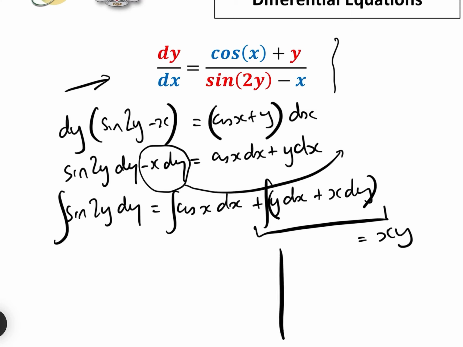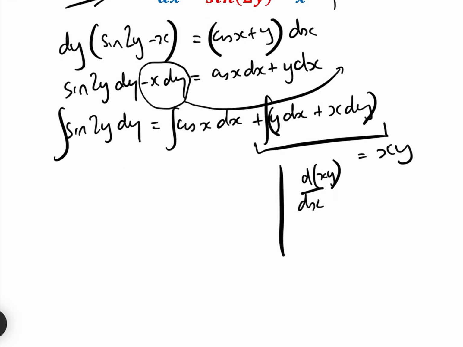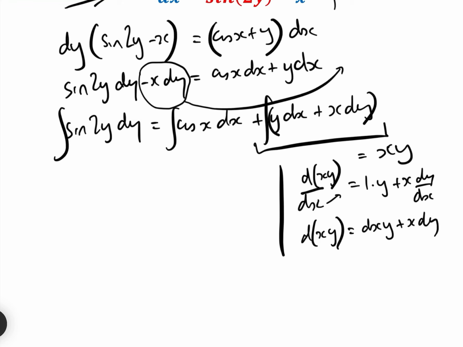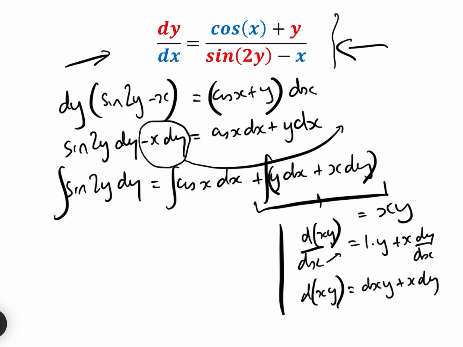And just to sort of prove that, if we differentiate xy with respect to x, and forgive the somewhat informal nature of this proof, using the product rule, we get 1 times y add x times dy dx, and then if we multiply, I know you can't, but if you multiply, then you basically get d(xy) equals dx times y add x times dy, which basically proves that the integral of that equals that.